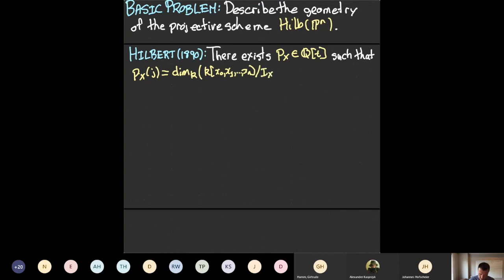So the quotient of the polynomial ring corresponding to projective space by the homogeneous ideal that cuts out your subscheme. And this works for integers large enough.